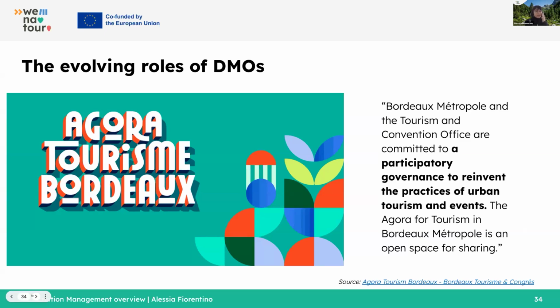They initiated a 2 to 3 years participatory process, and they started engaging in a co-design path to write the tourism and event strategies for 2026. So they started open discussions with 3 categories: the residents, visitors, and also operators.